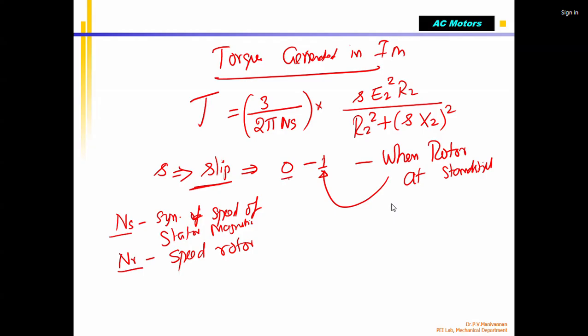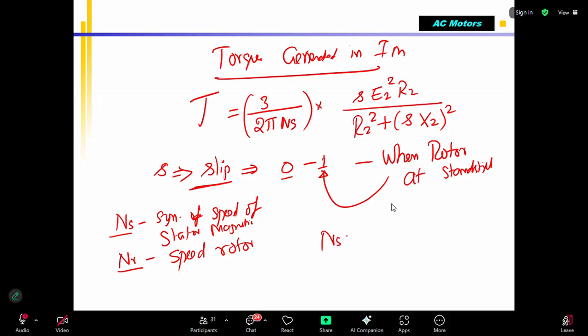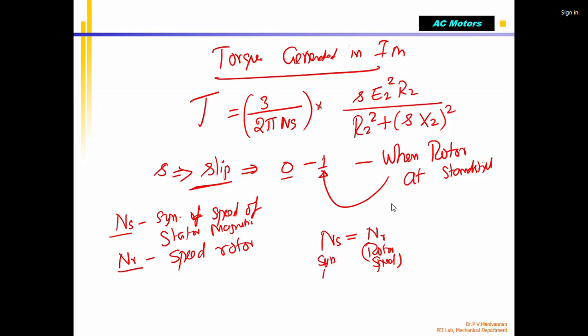When slip is 0, that means ns is equal to nr. Both will never be equal, it could happen only if there were no friction and so on, but it never happens. The slip will be there. Because of that, the rotor speed is always lesser than the synchronous speed.